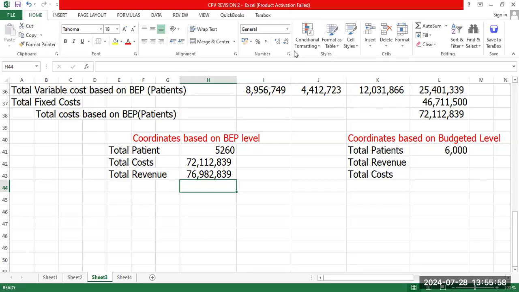So at the end, colleagues, just to have the background, you will have something like this. Are we together, colleagues? You'll have something like this as your break even. This will be your budgeted level. That's what we had.